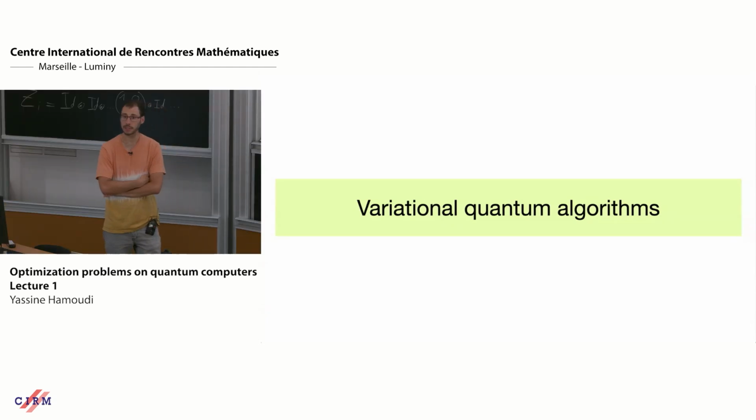Okay, so last part is about variational methods. This is a huge family of quantum algorithms which are much more heuristic and which may give you an approximate solution. But on the positive side, they could be much faster than what we studied so far.